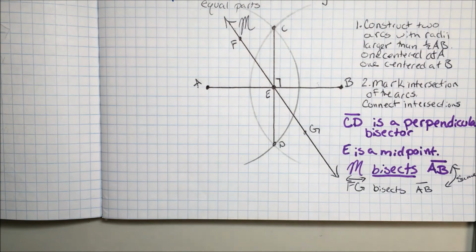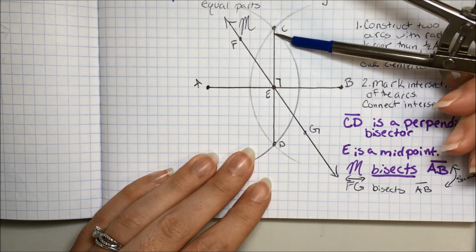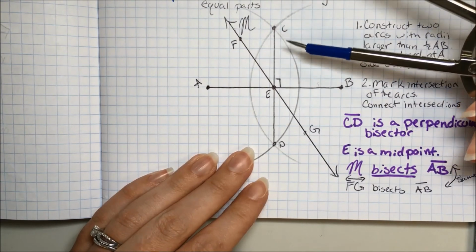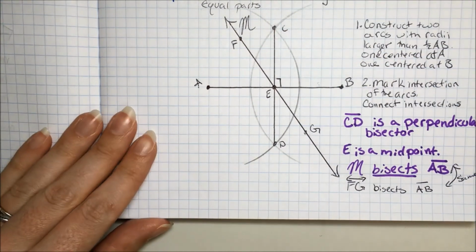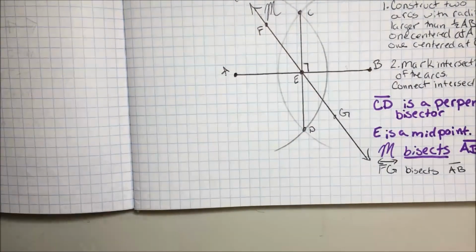And the reason why this works is because all of the points on this perpendicular bisector are equidistant from the endpoints A and B. So I'm going to write that over here, and that's pretty important.